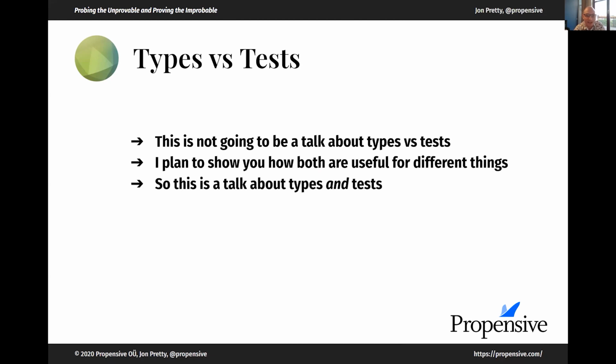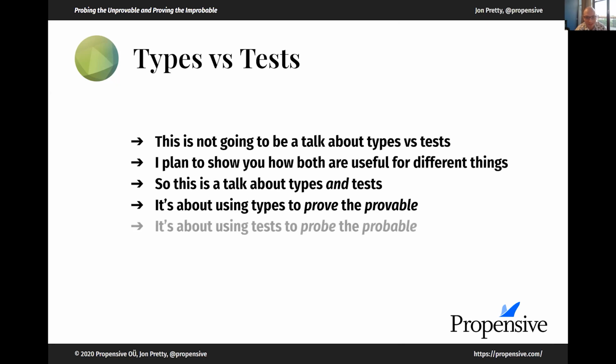This is therefore going to be a talk about both types and tests, playing a little bit on all these words about proving, probing, in German probieren, to test. This is using the type system to prove the provable, and using tests to probe the probable.